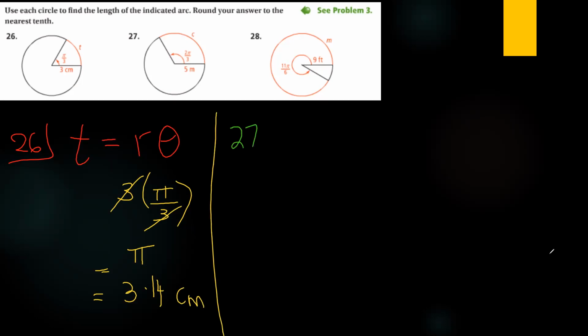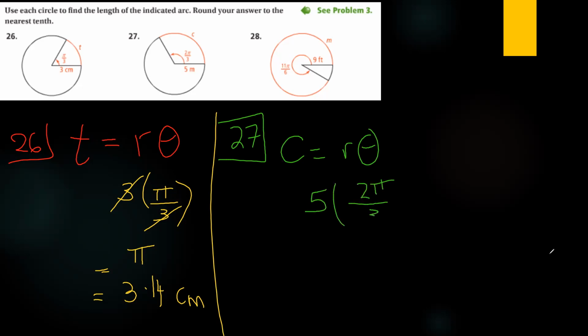Number 27. Here you have to find the length of C, which is R times theta. Where is R? 5, and theta is 2 pi over 3. So 2 times 5 is 10 pi over 3.